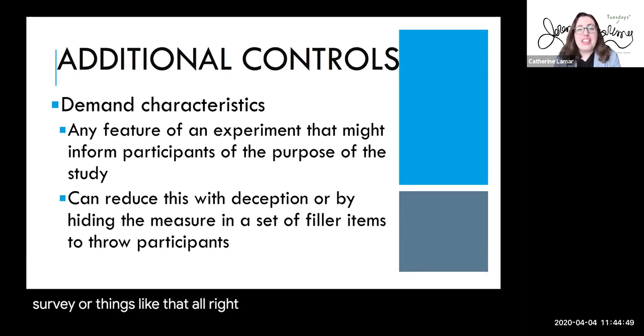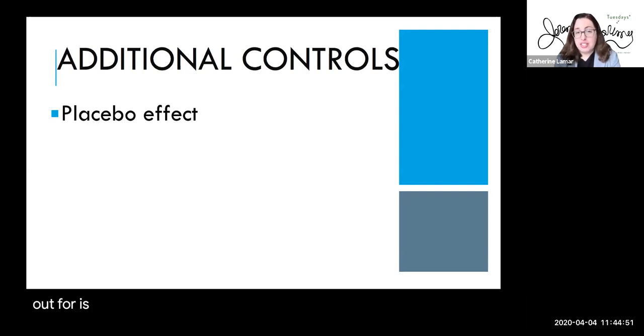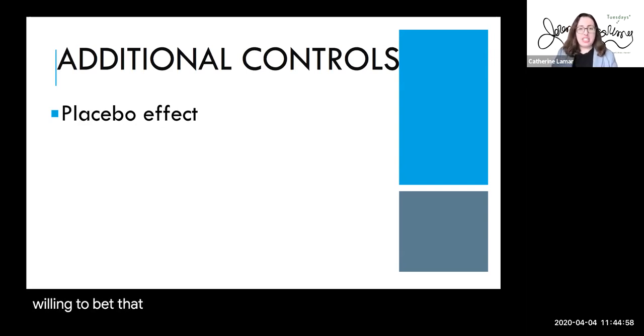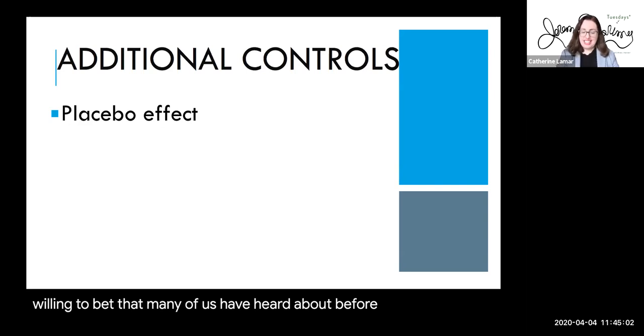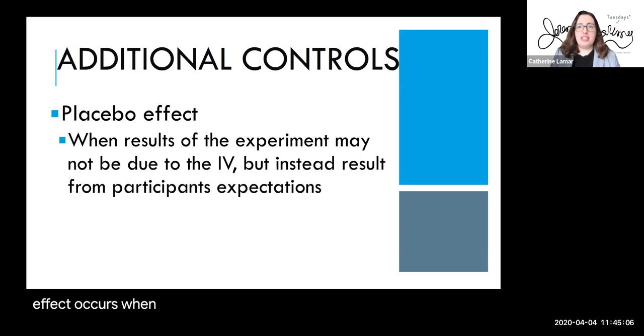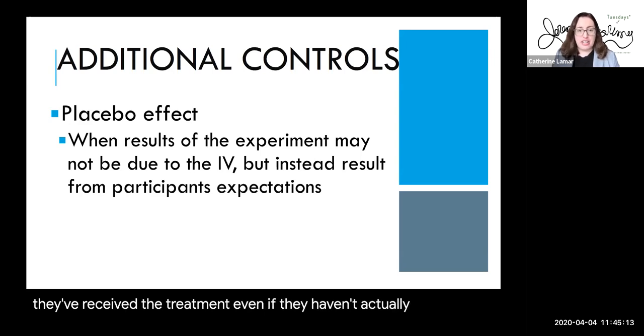All right. Now, another thing we have to watch out for is the placebo effect. And the placebo effect is an effect that I'm willing to bet that many of us have heard about before. So what is the placebo effect? Well, the placebo effect occurs when participants might act differently because they think they've received the treatment, even if they haven't actually received anything.